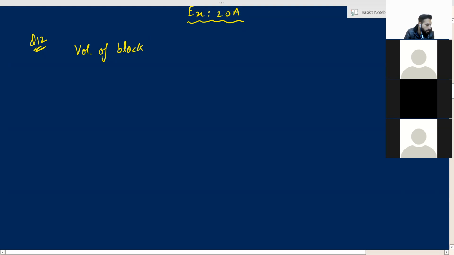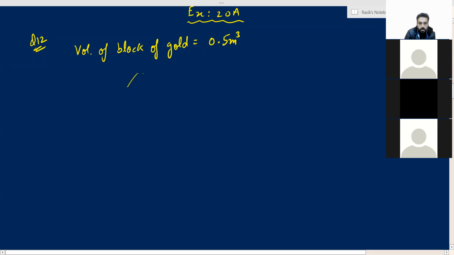In this case, it is a cuboid because the length, breadth, and height are not the same. They are different, so it will be a cuboid. So volume of a block of gold is equal to 0.5 meter cube.